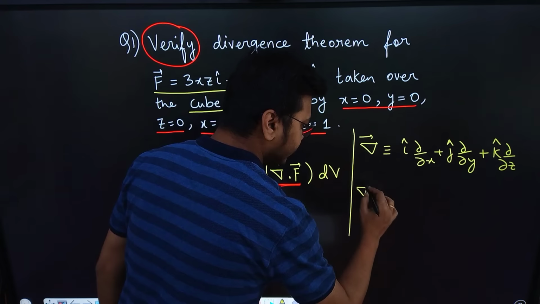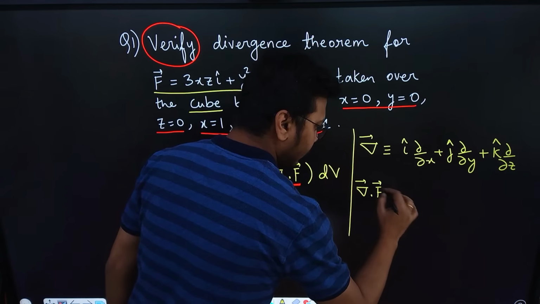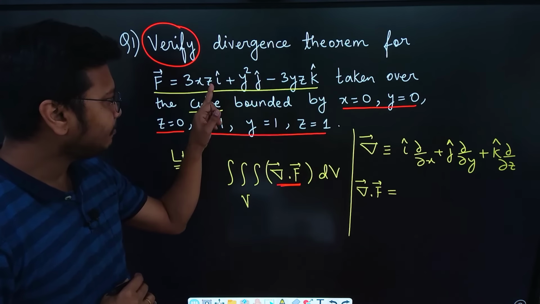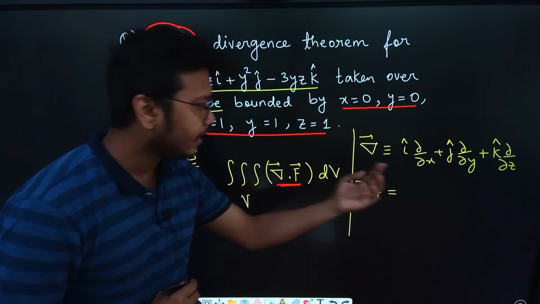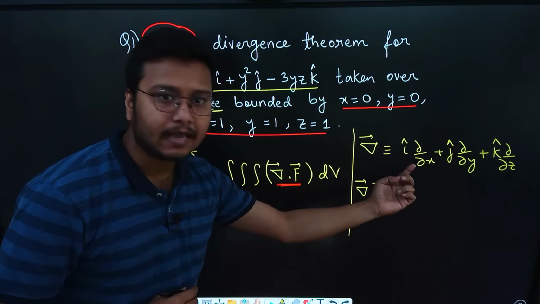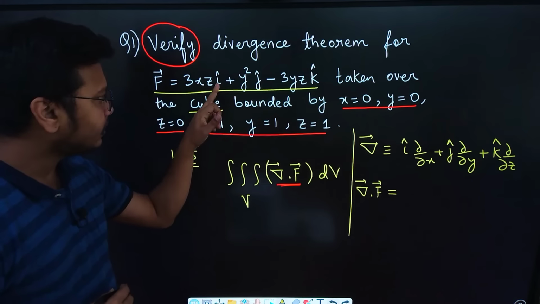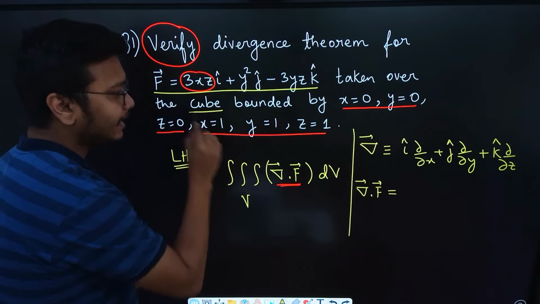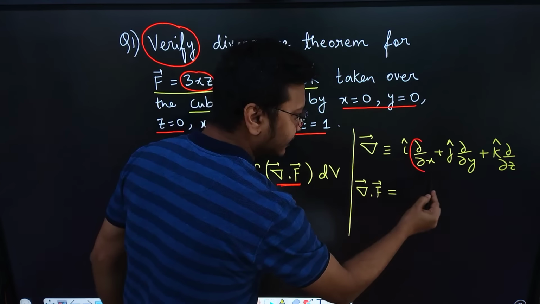The i cap with i cap is 1, and the rest of the multiplications with i cap are 0. So we have 3xz with the del/del x operator.